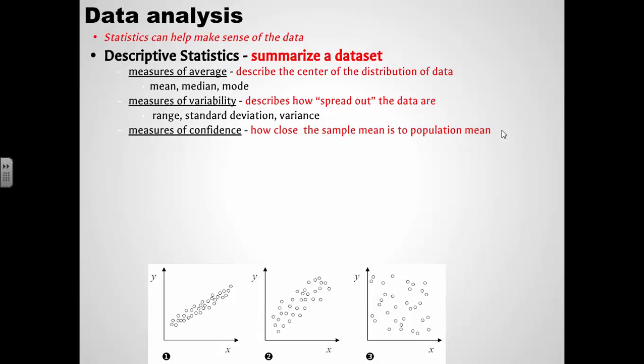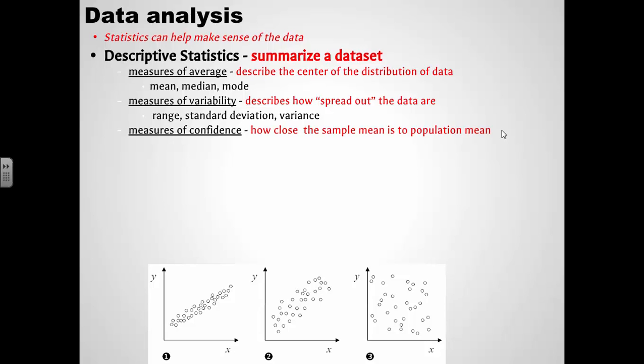We also have what we call measures of confidence. So if I wanted to try to understand the height of ninth graders, what would be the very best way for me to do that? Get every ninth grader and measure their height, and I have the whole population. It's very clear. That's sometimes not practical.